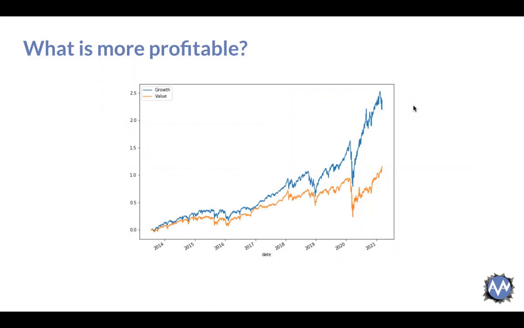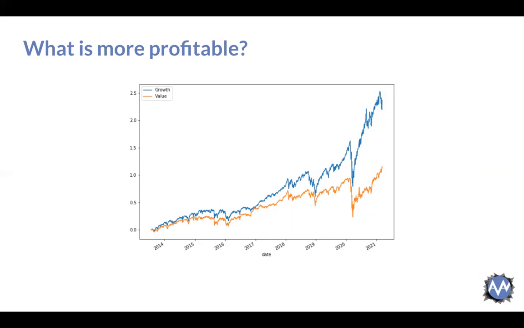And what's more profitable between growth and value? Growth stocks are expected to outperform the overall market over time because of their future potential. And value stocks are thought to trade below what they are really worth and will thus theoretically provide a superior return.